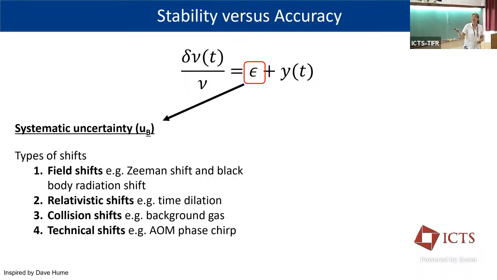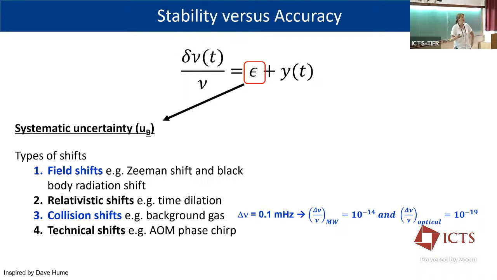But, well, we have what else? Well, I highlight them here. So the field shifts, for instance, the Zeeman shift, the AC Stark shift, give you a constant offset, because it doesn't matter which transition you interrogate. The atomic levels are interacting with the outer world and are shifted in frequency.